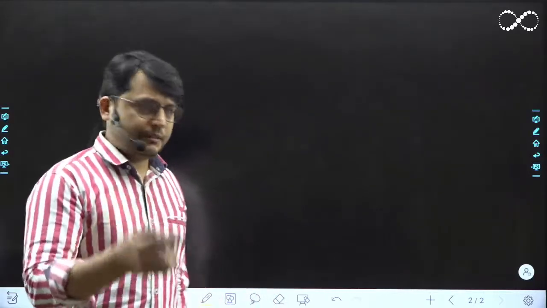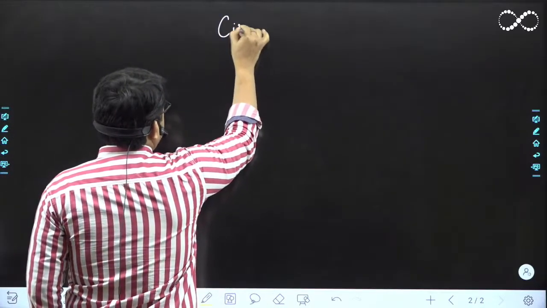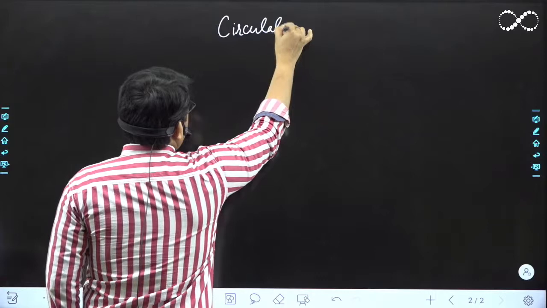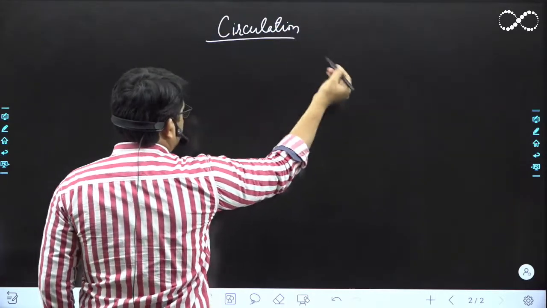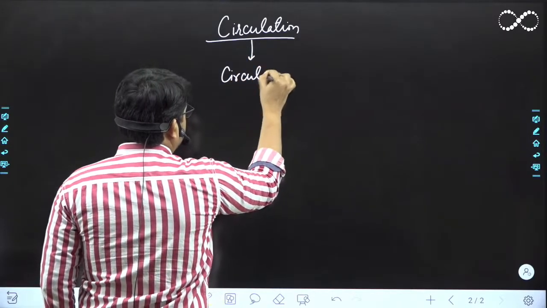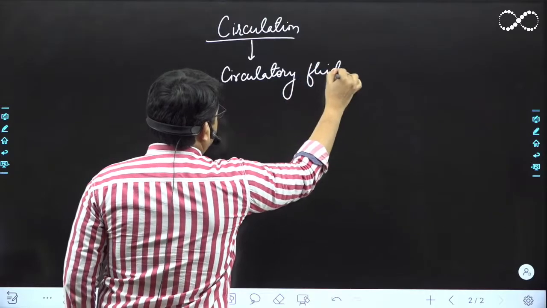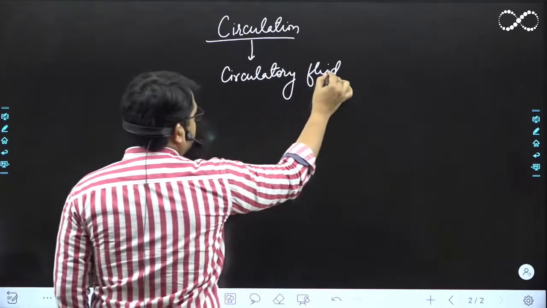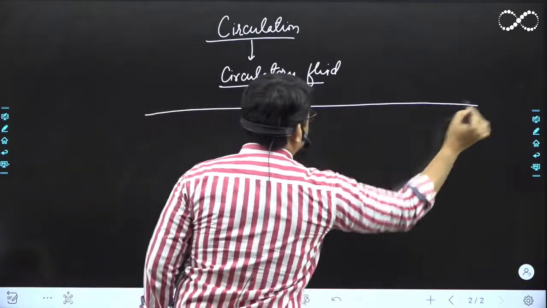Now who does it? देखो, circulation is done by circulatory fluid, okay? And this fluid can be different things. Like, देखो, I'm going to give you some idea.